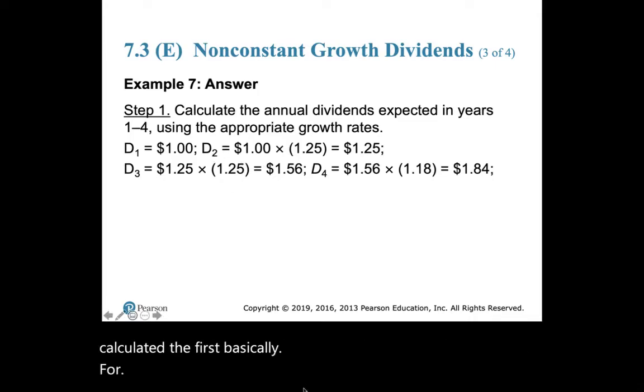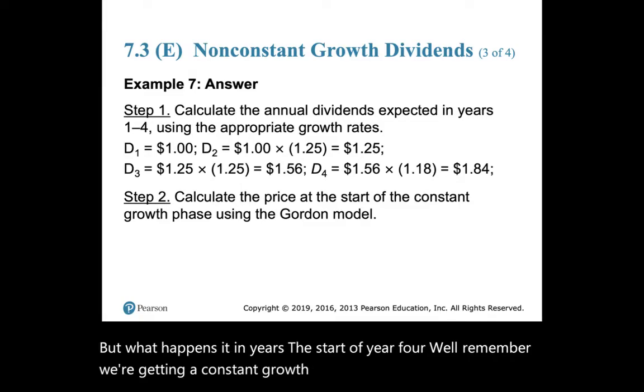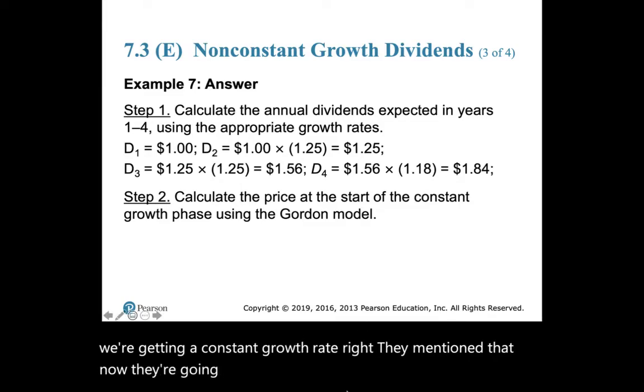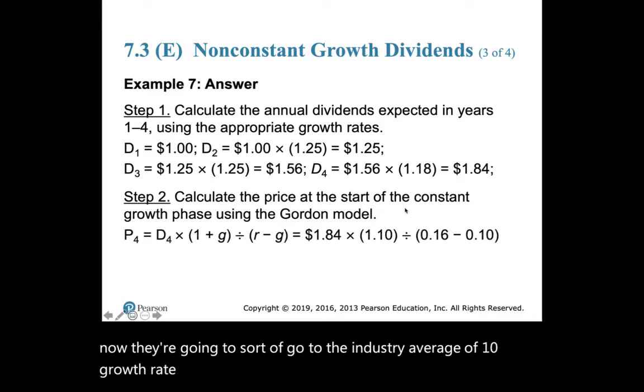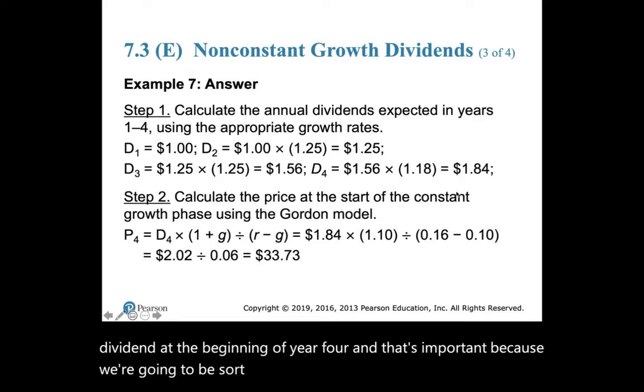Okay, but what happens in the start of year 4? Well, remember, we're getting a constant growth rate. They mentioned that now they're going to go to the industry average of 10% growth rate. Okay, so we can actually figure out the price of this dividend at the beginning of year 4, and that's important because we're going to be holding it on for that period.